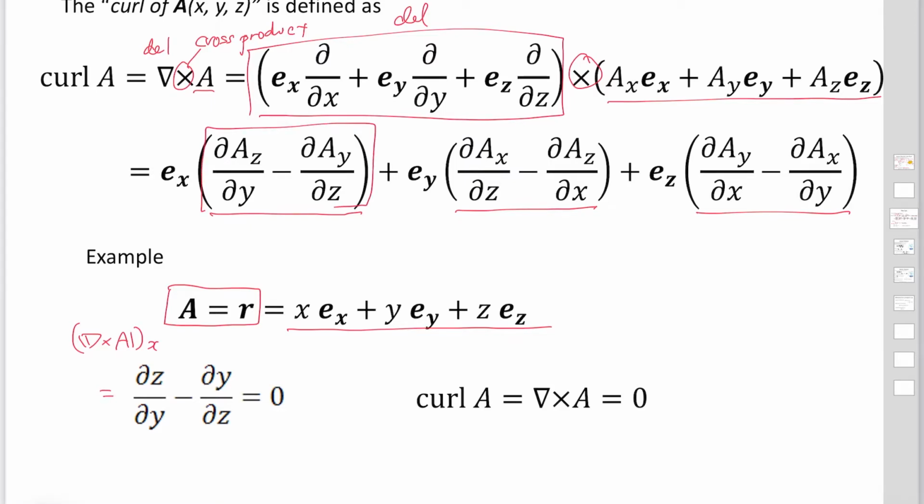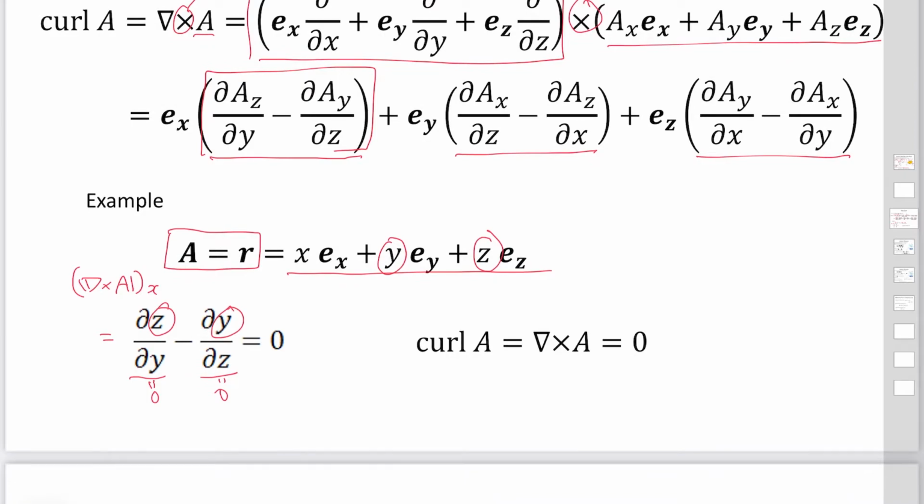For A_z, you can substitute z, so this is z. For A_y, the y component, y. So each term is actually 0. The partial derivative of z with respect to y is 0, and the partial derivative of y with respect to z is 0. So the x component becomes 0.